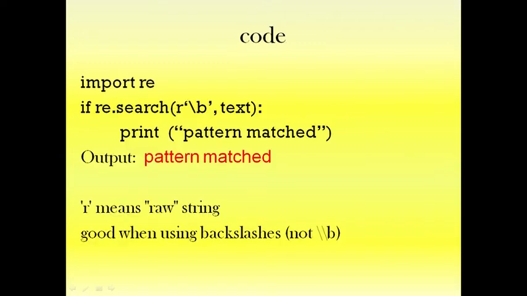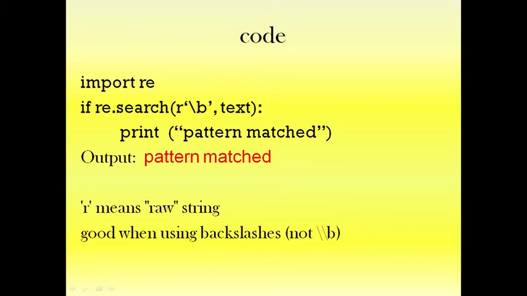When using the backslash, it can be a bit confusing. So with the regular expression, you can use flags, and this flag we just use a single R, meaning raw, and that means that we can put our backslash b, and the regular expression will understand that means a boundary rather than an actual backslash.